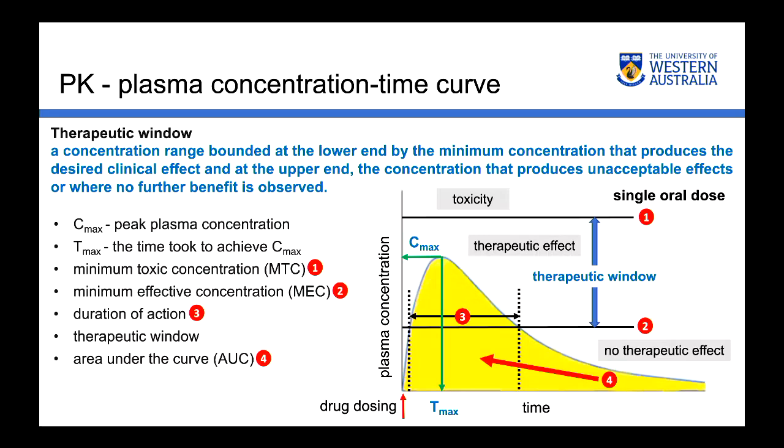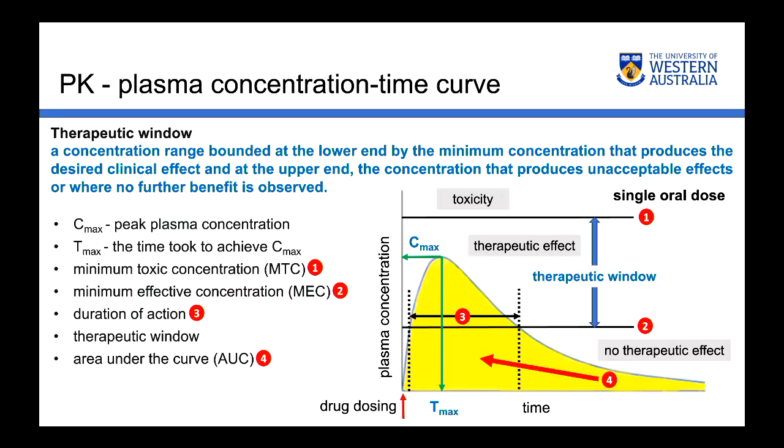Now what is important from this curve is that it will determine the therapeutic window of a drug. Why is it important? Because if the plasma concentration of a drug is below the lower boundary of the therapeutic window of the drug, then it will not produce therapeutic effects.